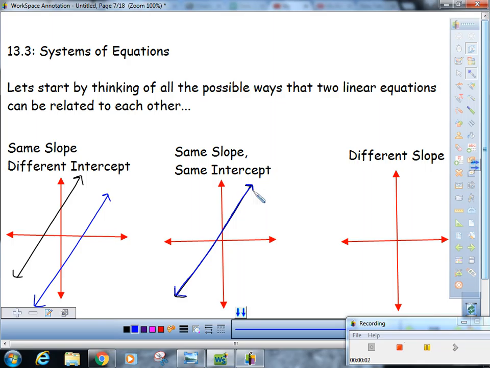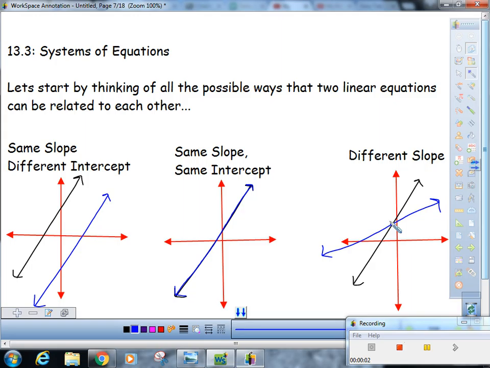And then there's the case that we're most concerned with, and that would be if they had different slopes. Now, it might happen that if they have different slopes, they don't intersect within the picture that you could see.